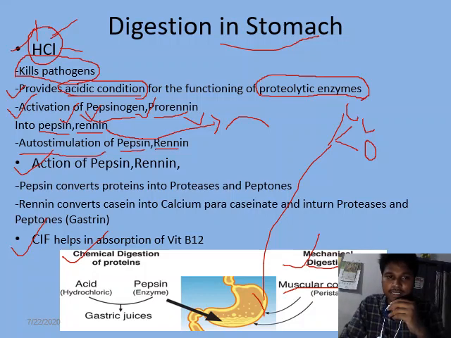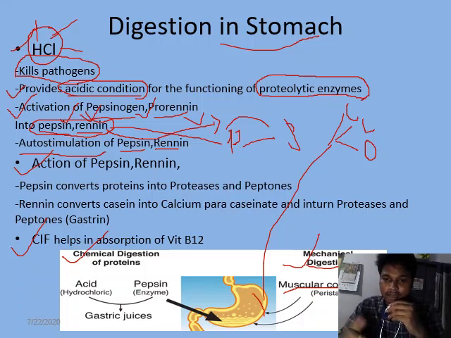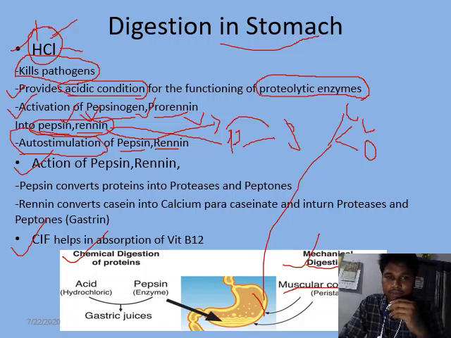Once the HCl activates this pepsinogen and prorenin into pepsin and renin, these active pepsin and renin enzymes can activate pepsinogen into pepsin. That means they can activate themselves. Hence they are called auto stimulating substances. The process is known as auto stimulation.